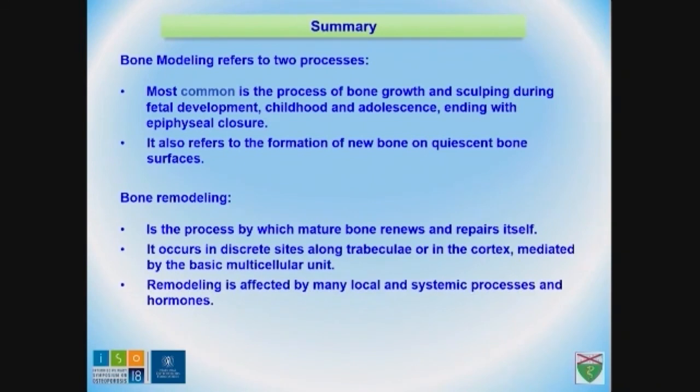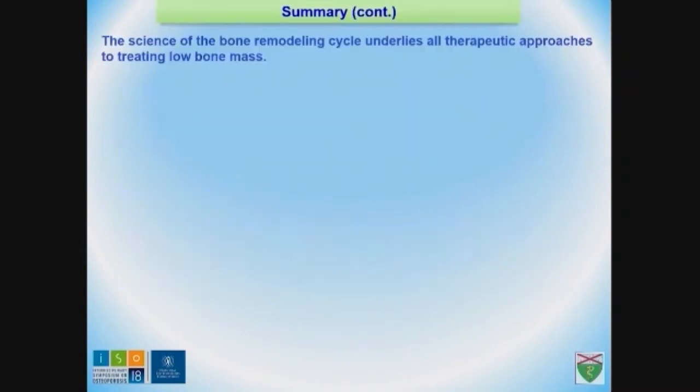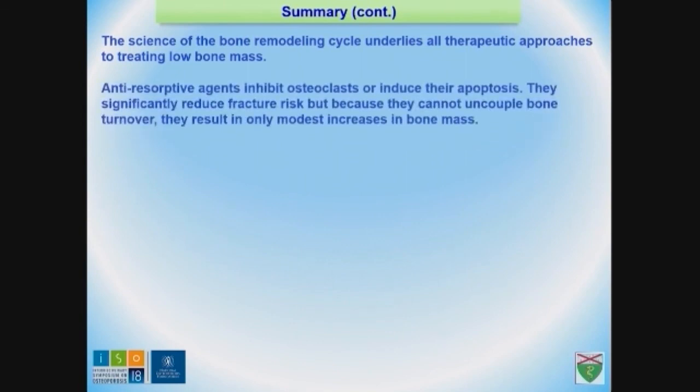Remodeling is affected by many local and systemic processes and hormones, as we talked about: weightlessness, estrogen deficiency, parathyroid hormone excess. The science of the bone remodeling cycle underlies all therapeutic approaches to treating low bone mass. Anti-resorptive agents inhibit osteoclasts or induce their apoptosis. That's Denosumab.